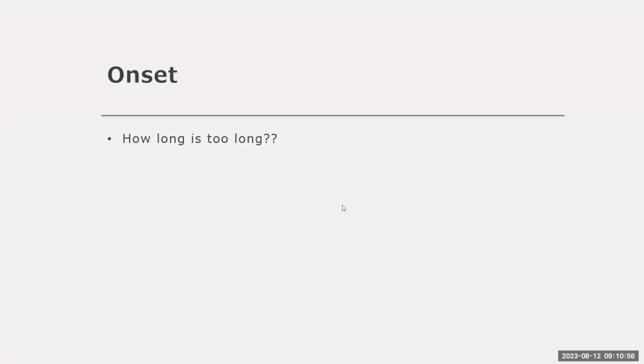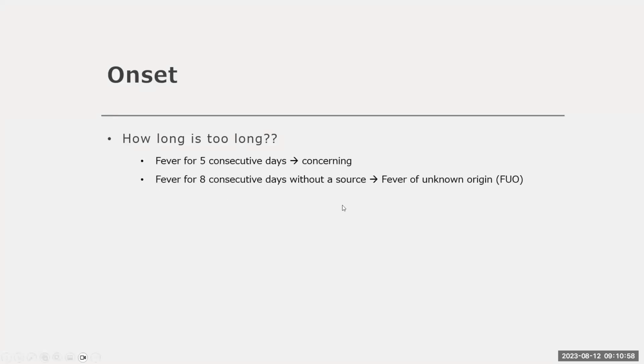But in general, a patient who has a fever for 5 consecutive days is concerning and definitely needs medical attention, even if the kid is otherwise active, looking well, with no other concerning signs besides the fever. Five consecutive days is concerning and the child needs to be seen by a physician.